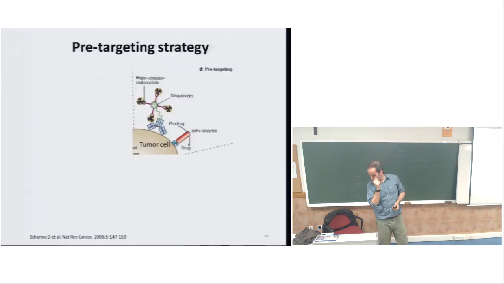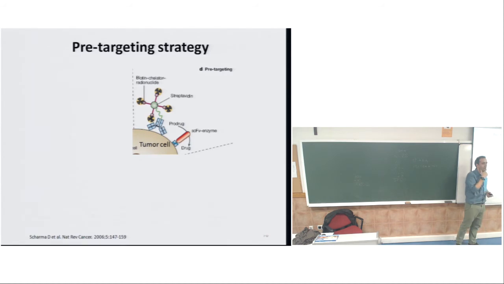Yeah, and the last strategy is called pre-targeting. It's also based on the concept I told you previously, that you can put a flag on the cell. You can label the cell to be treated afterwards. So why?